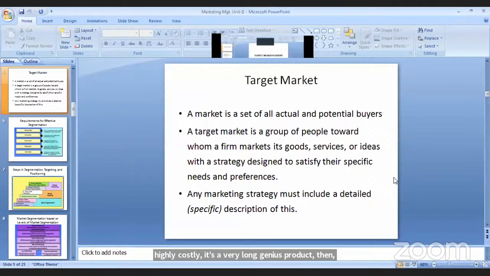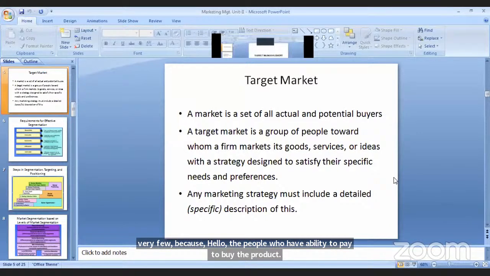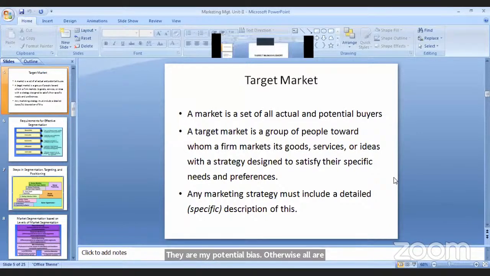Who are the potential buyers for me? The potential buyers are a very limited group who try to buy a product worth 8 lakhs rupees, and it's a jewelry. So these potential buyers are very few, because the people who have the ability to pay are my potential buyers. Otherwise, all are my set of actual buyers. So for all, I will plan a basic advertisement.